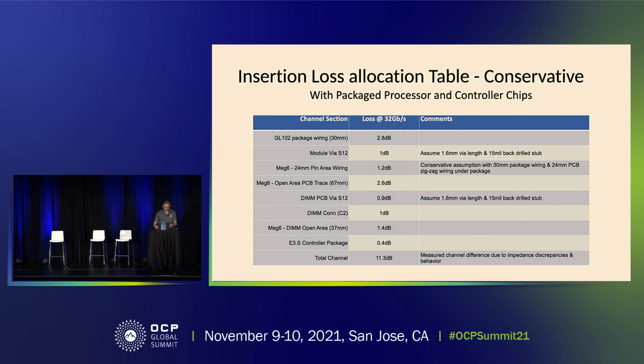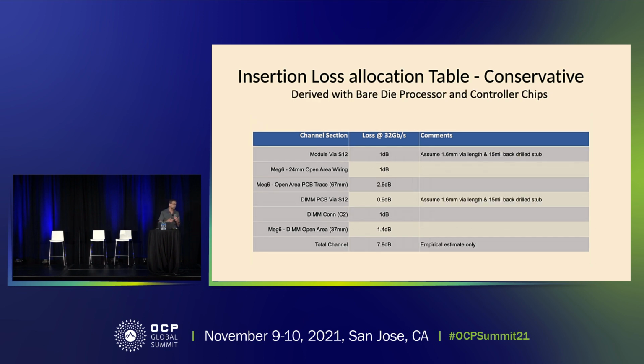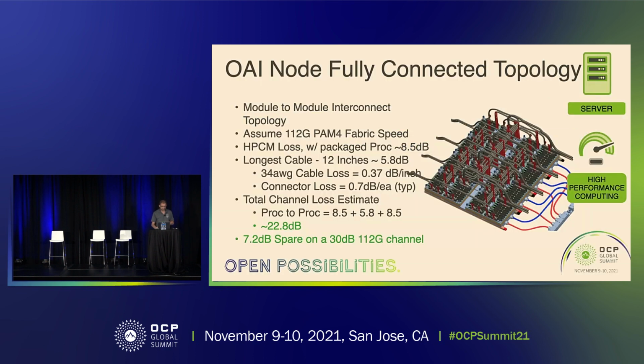And then if you remove the package pieces, you can see that we could probably get in the 7 to 8 dB region. By the way, that's going from the processor itself through the PCB of the module, through the TA1002 connector, across the PCB of the E3 module and into the ASIC of the E3. So the entire channel is down at 7 to 8 dBs.